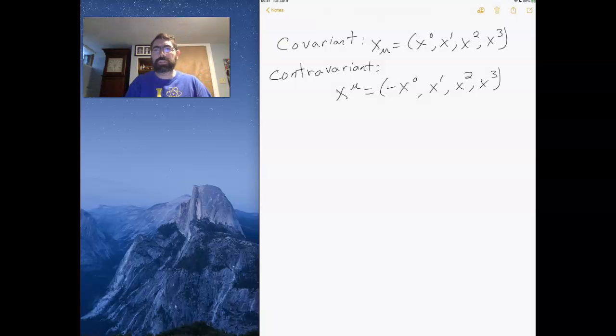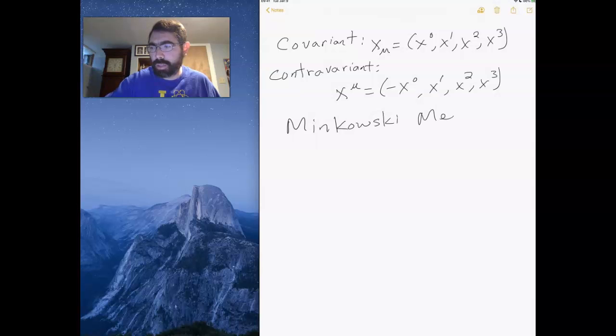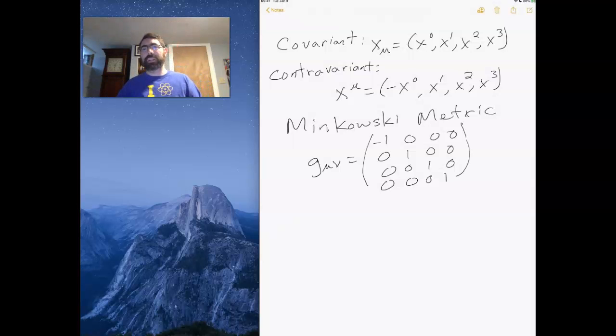And so what we could do is we could now introduce what's called the Minkowski metric, G mu nu, which is minus 1, 0, 0, 0, 0, 1, 0, 0, 0, 0, 1, 0, 0, 0, 0, 1. It looks like the identity, but it has a minus sign in the time dimension.